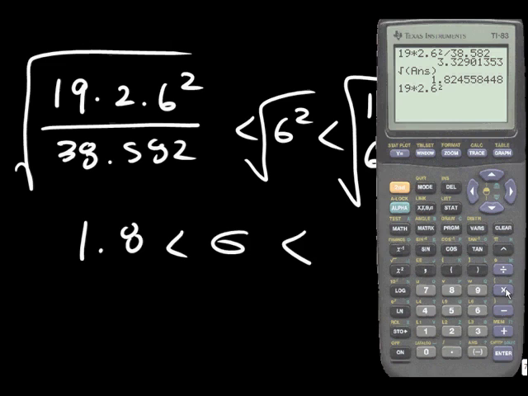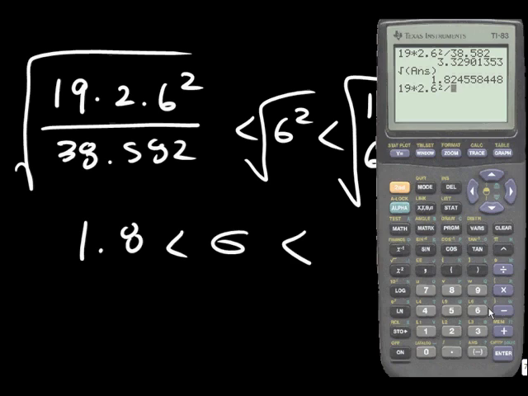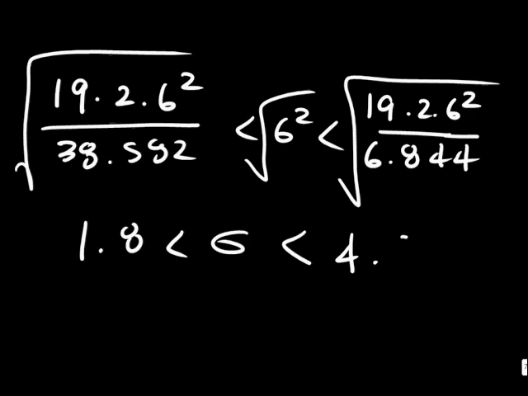Don't forget, take the square root. Approximate this to the nearest tenths, we get 4.3. We have estimated the standard deviation.